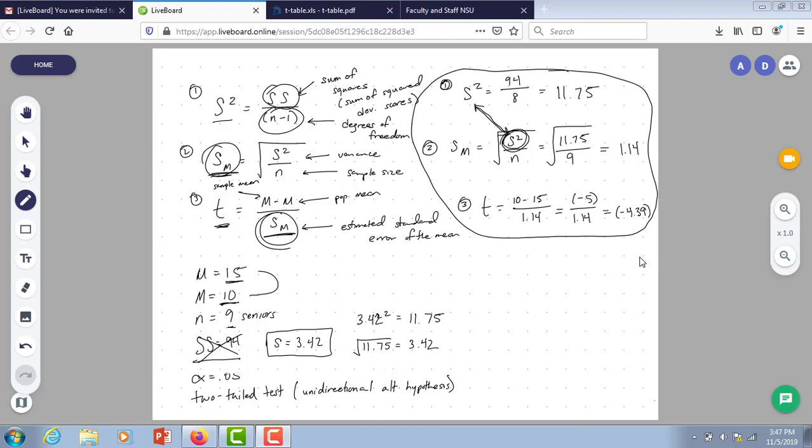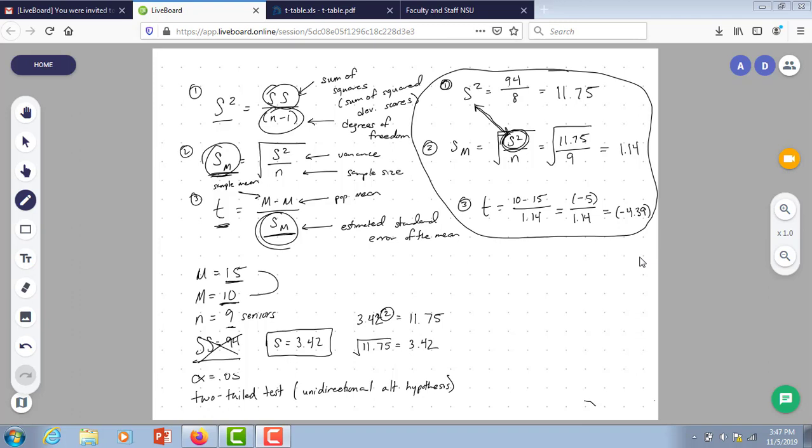The reason why you can just square the sample standard deviation to go back to the variance is because ultimately, in order to get the sample standard deviation, you have to take the square root of the variance. Squaring something and taking the square root of something are polar opposites in terms of mathematical operations.